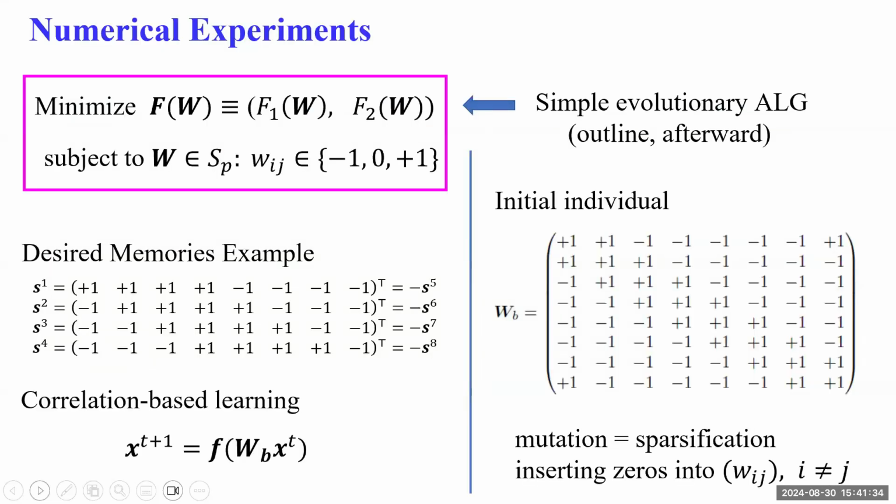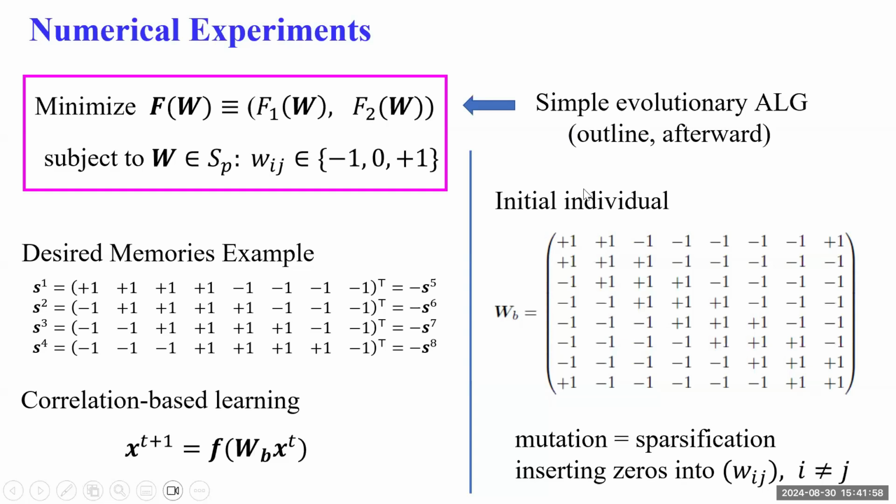Then we have performed a basic numerical experiment, minimizing two objectives, and we use a very simple example for desired memories. And applying fixed correlation-based learning, we obtain the initial individual, the full binary connection matrix.